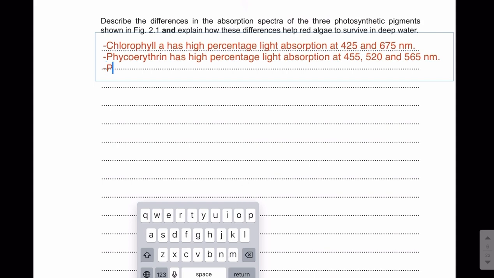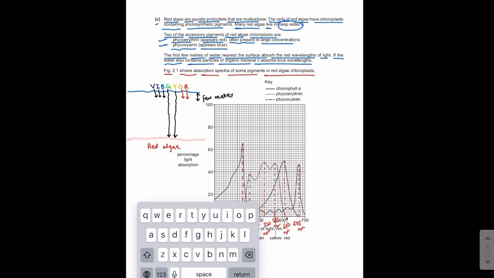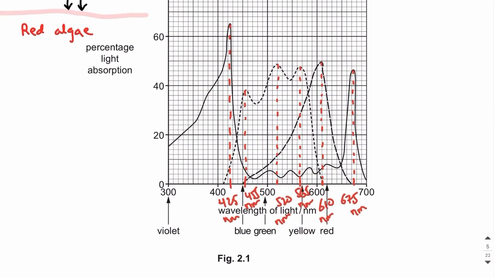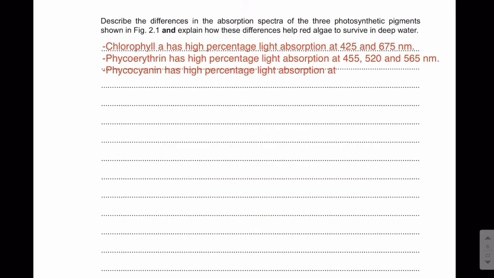Then we talk about phycocyanin. Phycocyanin has high percentage light absorption at which wavelength? At 610 nanometers.